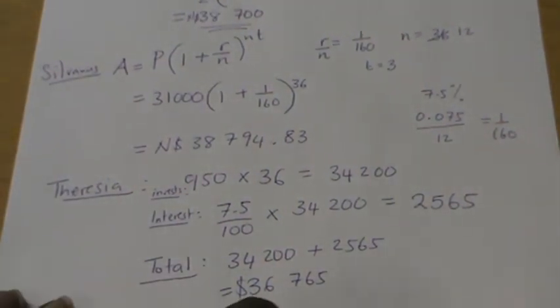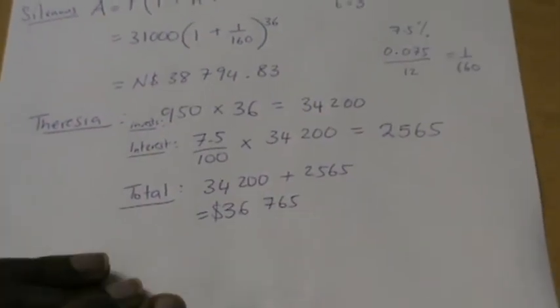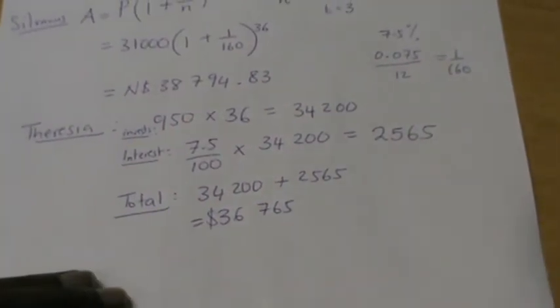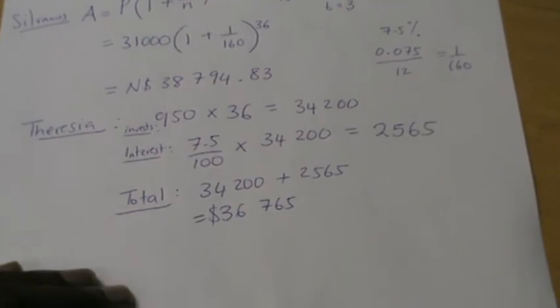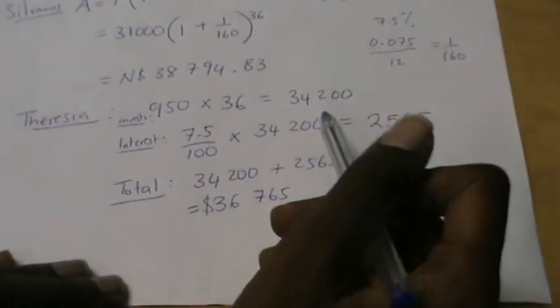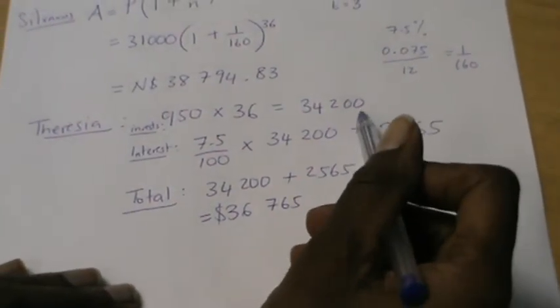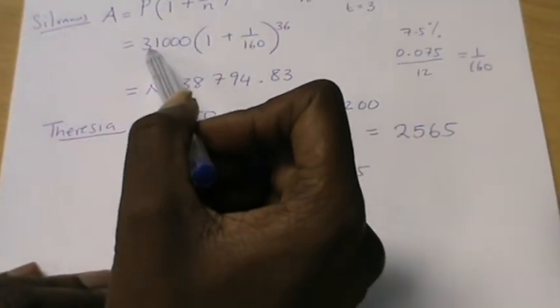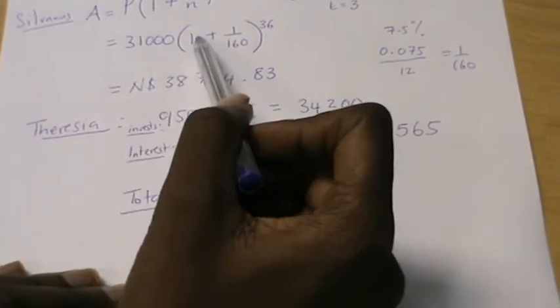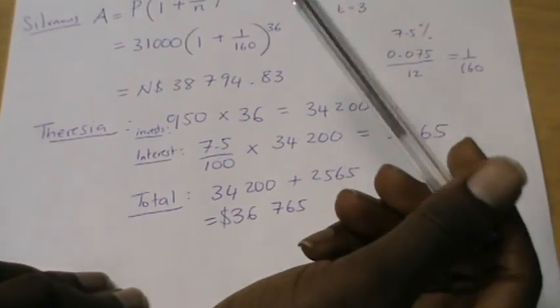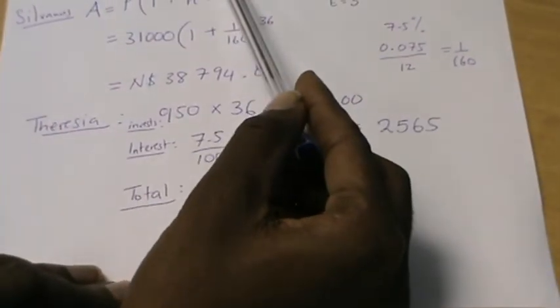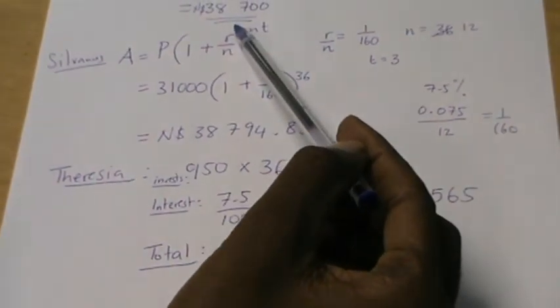Okay, so you can see she gets the least amount for her investment, even though it looks like she invested the most money, because she invested 34,200. Silvanus invested what is this, 31,000, and we just know the total amount that Lucia invested.